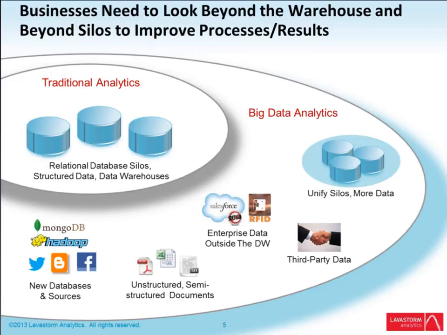Structured data that can be displayed row by column is the predominant set of data that have been traditionally used for data and data analytics and will continue to be. But unstructured data, things like PDF documents or comment fields on a website, there's data in there. There's information in there that we need to bring in, and in order to do that, in order to mine those data without incurring enormous expense of transforming them into data warehouses of structured data, we need new types of databases and data sources.